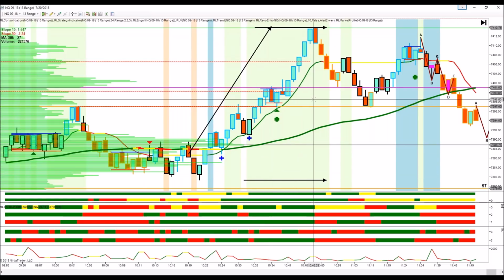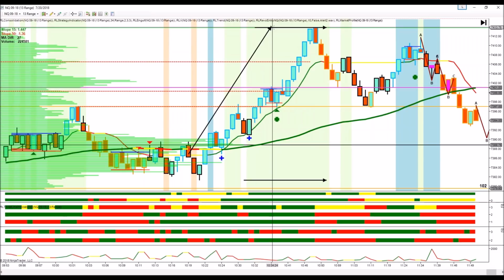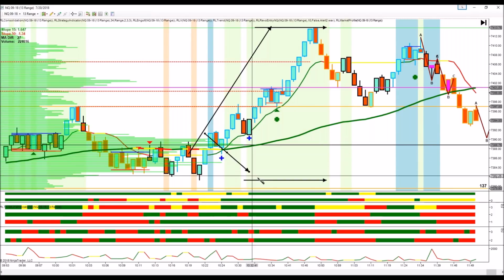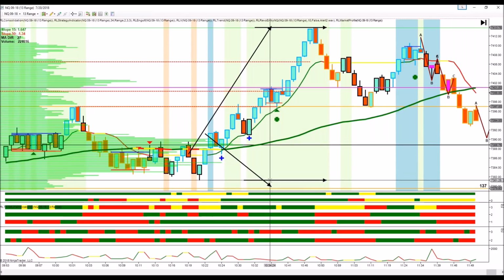And you know that an oscillator can stay overbought for an hour, simply because the institutional traders are pouring money into the market. The same thing with going short. It's going to keep going down until the institutional traders decide it's going to go down, as long as they decide, I want to drive it down.